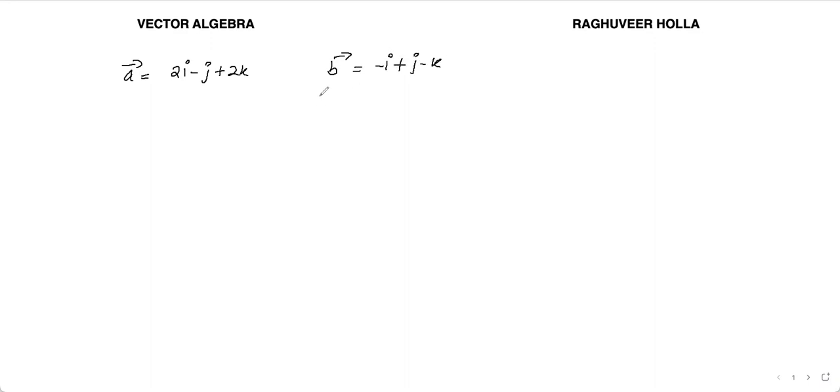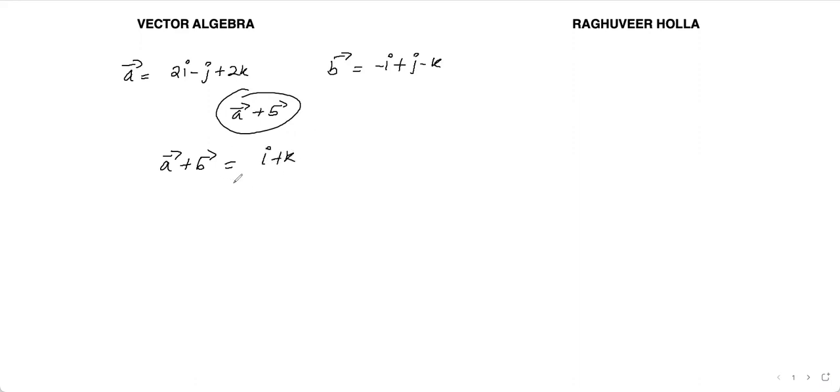Suppose I sum this, and let us find the unit vector of this. So a plus b, the sum of this, would be i plus k.